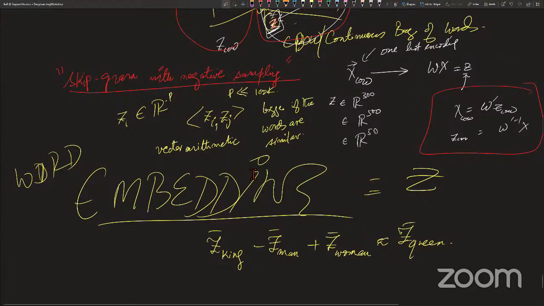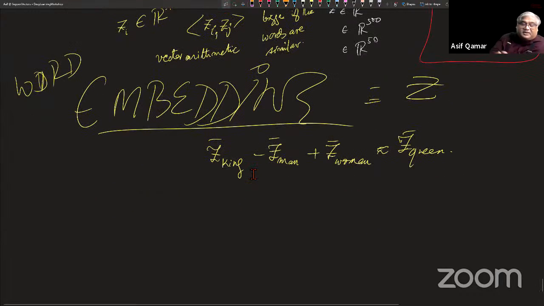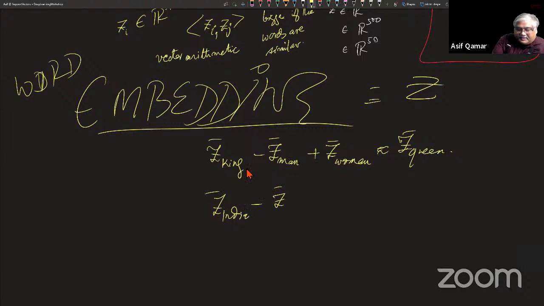They thought they were onto something interesting, and they were, of course. The other thing was, let's say, Z of India minus Z of New Delhi is equal to Z of, let's say, UK minus Z of London.